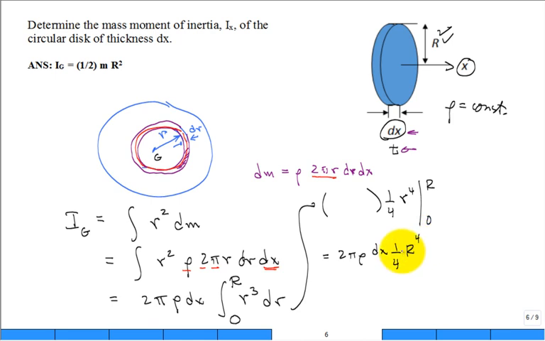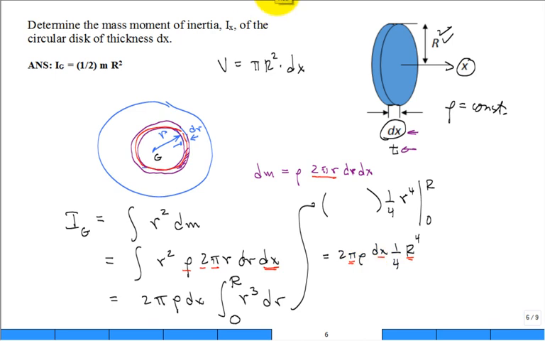And then we just remember that the total volume of our disk, just leave it as cap V, is going to be pi r squared times dx, isn't it? And so what I'll do is put the pi and then take 2 of the r, take that r squared out of there, and then the dx.